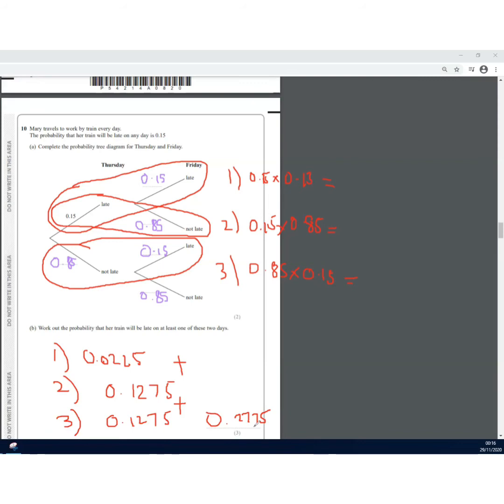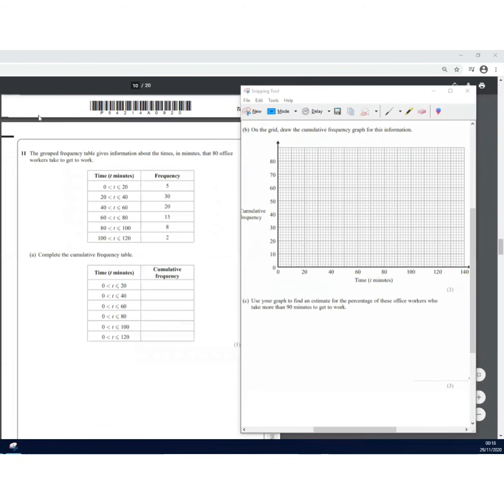Let's move on to question 11. Okay, so in question number 11, in part A, we are first asked to complete the cumulative frequency table. And in parts B and C, we will be drawing the cumulative frequency graph and finding out some numbers in percentage.